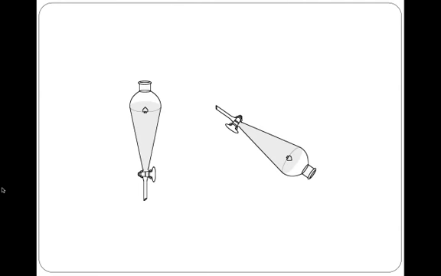There's a mock-up of a separatory funnel. Should make a note here that the stopcock needs to be closed or the liquid's going to flow straight out of there. But in there then you'll place the organic solvent, the water, and the compounds you wish to partition. And you'll put them all in there, stopper up the top, and then invert it.